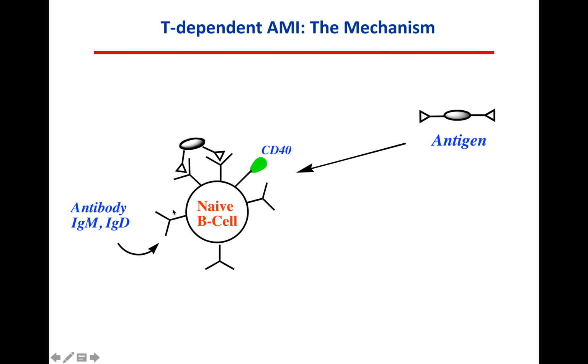They're referred to as naive B cells, because they've never had an interaction with a T cell before. They can bind singly, or, if the antigen has two of the same antigenic determinants on it, it can bind and maybe cross-link those antibodies.